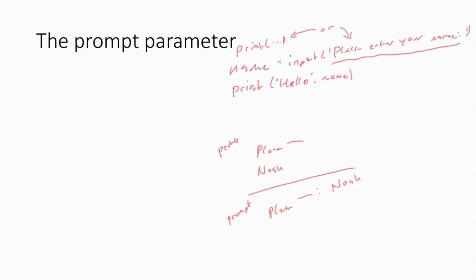It just makes your program look nicer, and it makes it more usable. And so that's all for the prompt parameter. It's just a nice thing you can have, or you can use a print statement before you call input, whatever you prefer. And so that's all for this lecture.